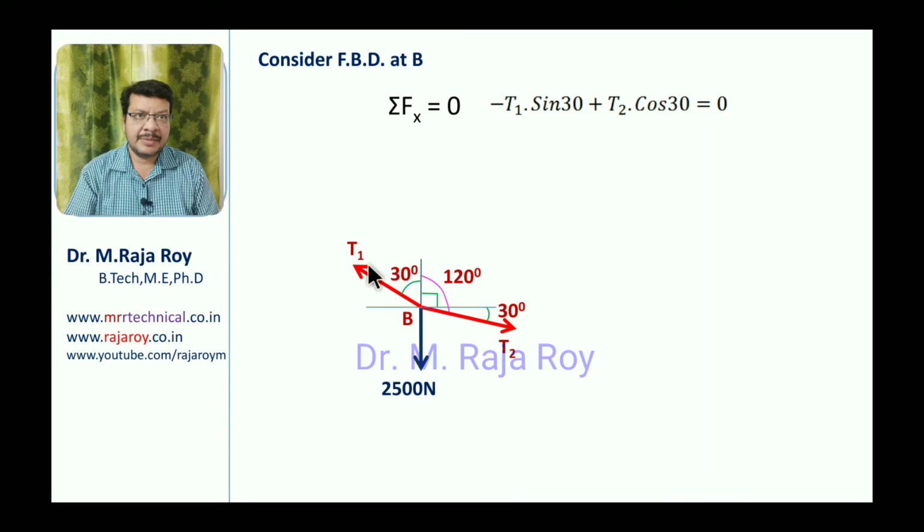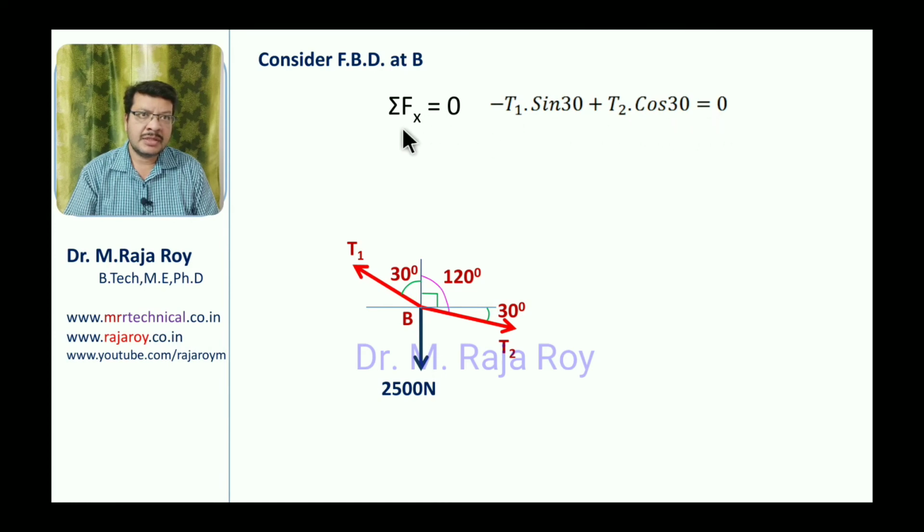So T1 sin 30 is towards negative x, minus T1 sin 30 you will get towards negative x. Then if you go to T2, T2 is making 30 degrees with x-axis. That means its cos component will become x component, that is T2 cos 30, which is acting towards positive x, plus T2 cos 30, that is equal to 0.